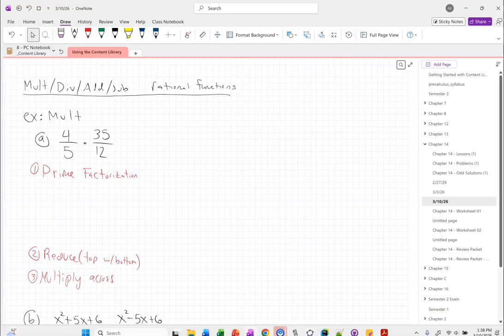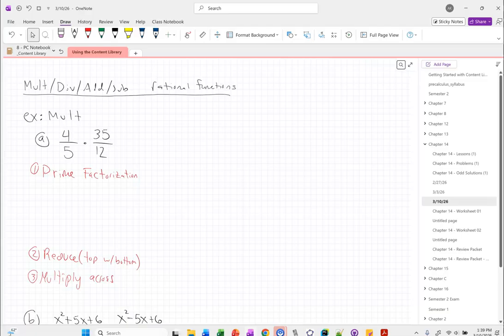Essentially, the process for multiplying, dividing, adding, and subtracting rational functions is the same process as adding, subtracting, multiplying, dividing fractions, with the minor caveat that instead of dealing with numbers like you are with a fraction, you're dealing with a polynomial, right? A fraction is an integer over an integer. A rational function is a polynomial over a polynomial.